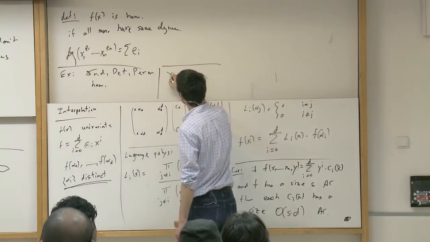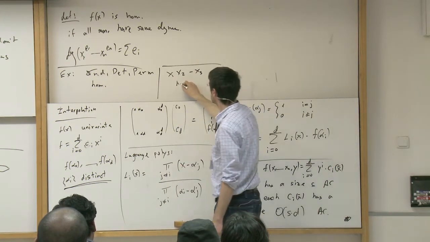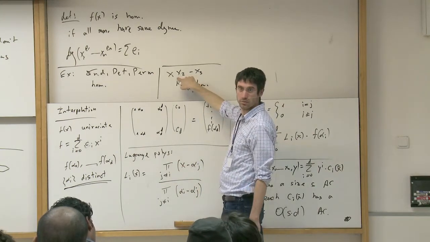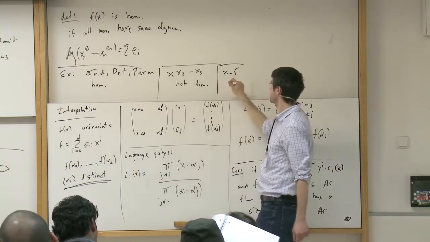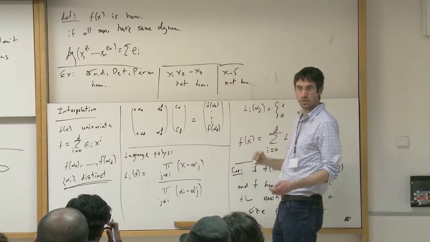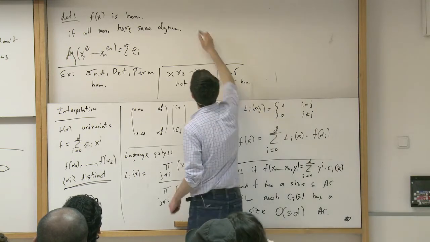But for example, x1 x2 minus x3 is not homogeneous: one term has degree 2, the other has degree 1. Similarly, x minus 5 is not homogeneous: degree 1 and degree 0. Okay?